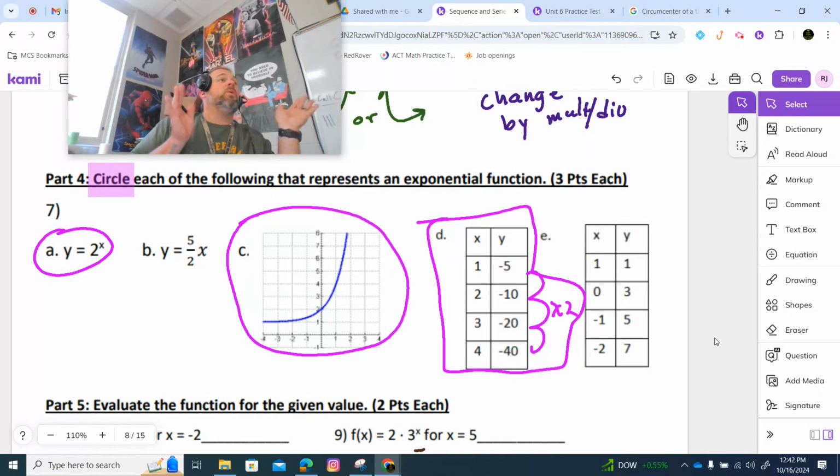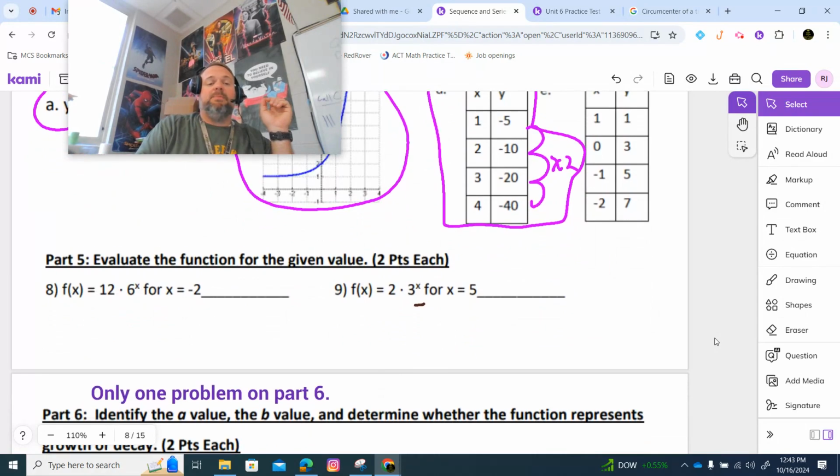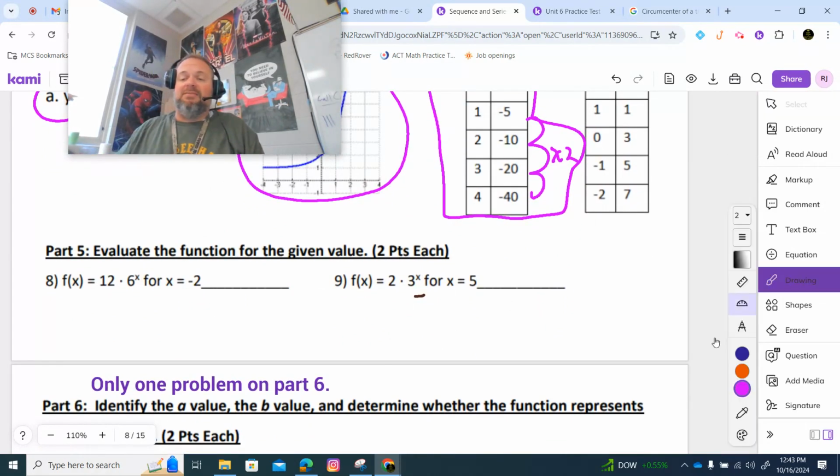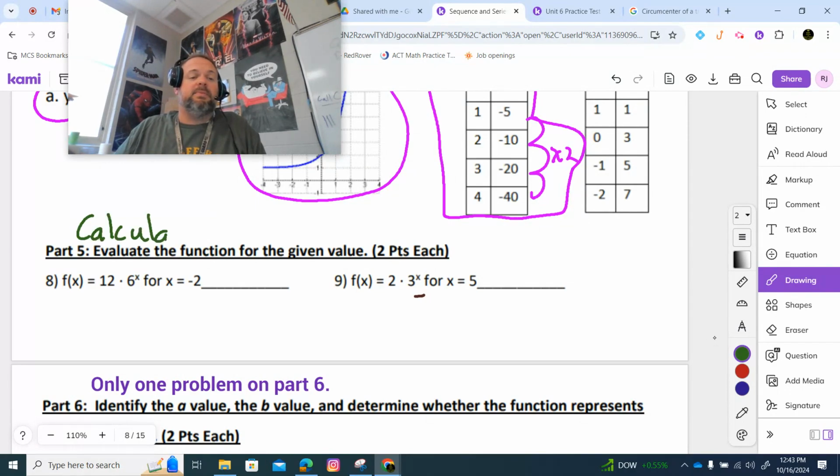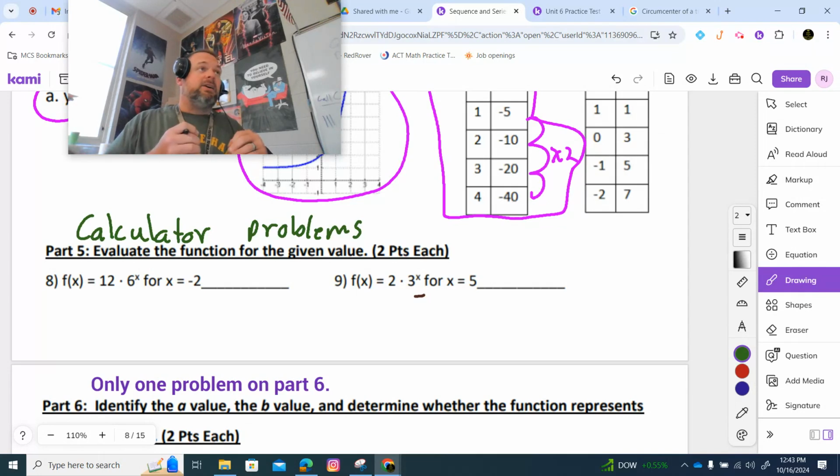All right. Are we going to number 7? Okay. So, part 5, number 8. These are calculator problems. Now, these are calculator problems, not problems with the calculator, problems where you use the calculator.